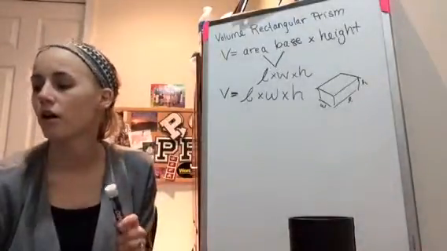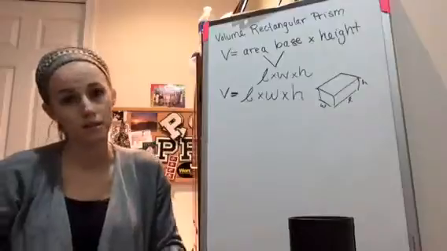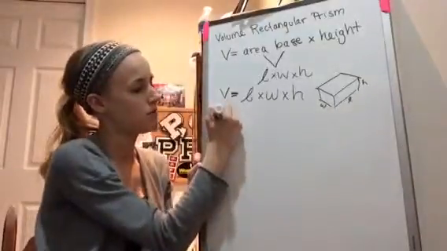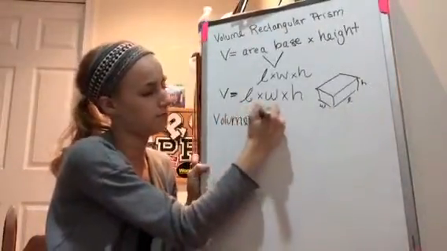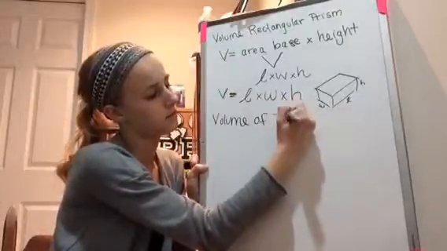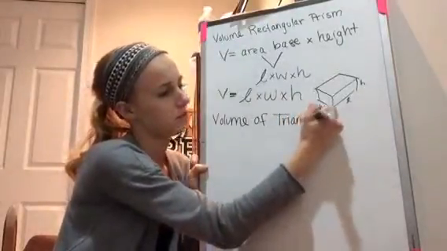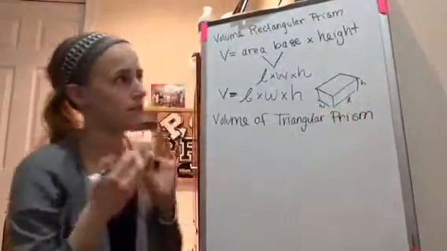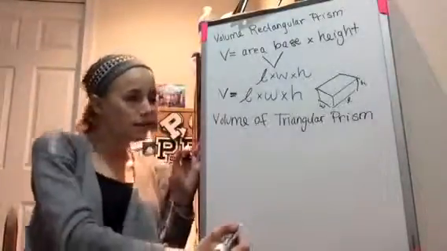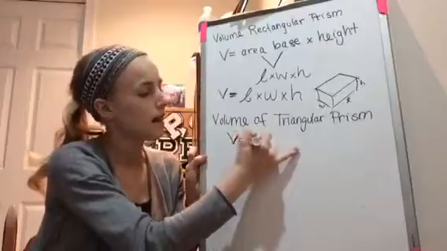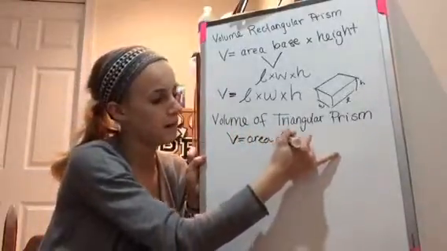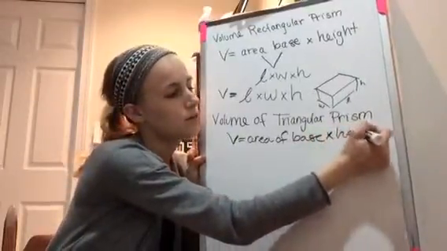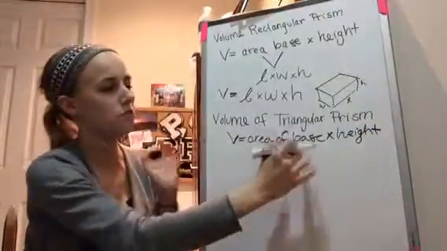Next is our volume of a triangular prism. Now, this is basically a 3D triangle. How much can it hold? Again, volume is the area of the base times the height. So when I'm looking at this, I have to think, what is the area of the base?